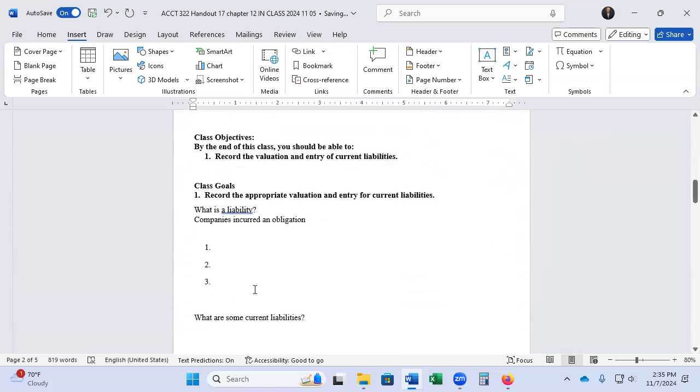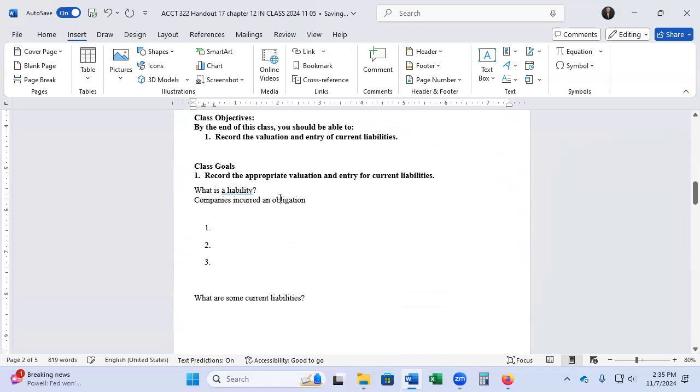So we kind of take a step back after we got, bless you, into some complicated stuff, and we're just talking about liabilities. So what is a liability? It means that the company has incurred an obligation. And so what does that mean? What are the three requirements?